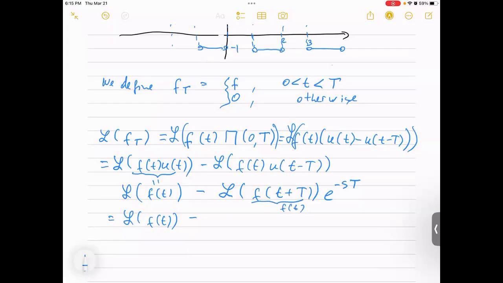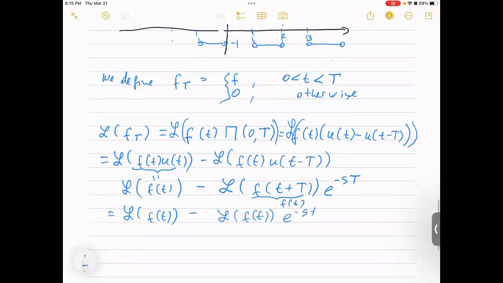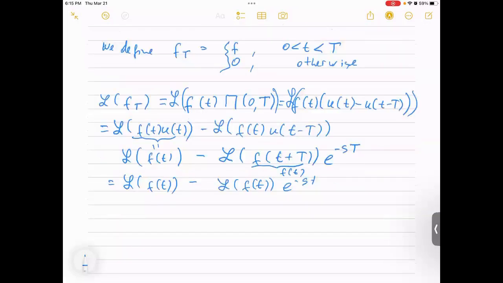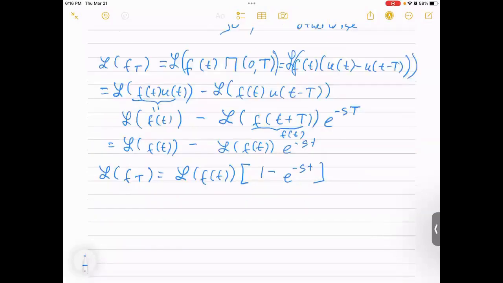So we get the Laplace of f of t times e to the negative sT. So the Laplace transform of one period equals the Laplace transform of f, factored out, multiplied by 1 minus e to the negative sT, from which the Laplace transform of f of t equals the Laplace transform of one period divided by 1 minus e to the negative sT. It should be capital T.